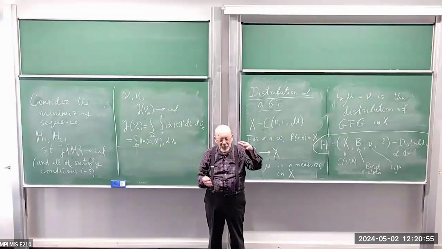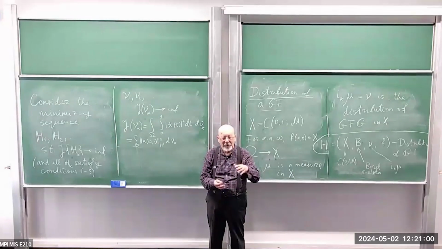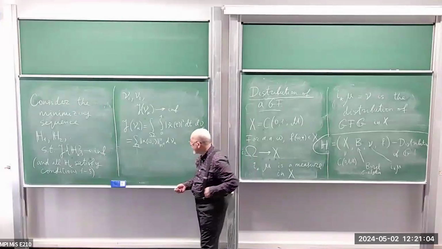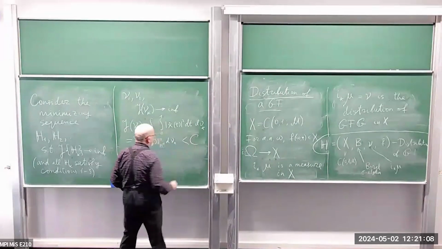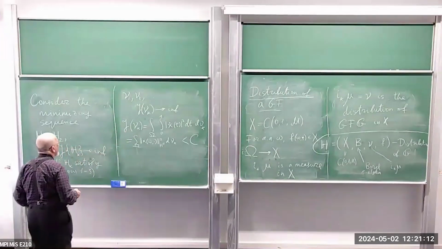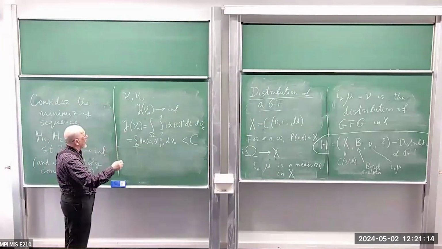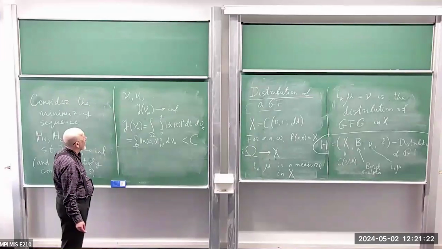And now we take the flows whose actions are smaller than some constant. So we have bounded action for this whole sequence.